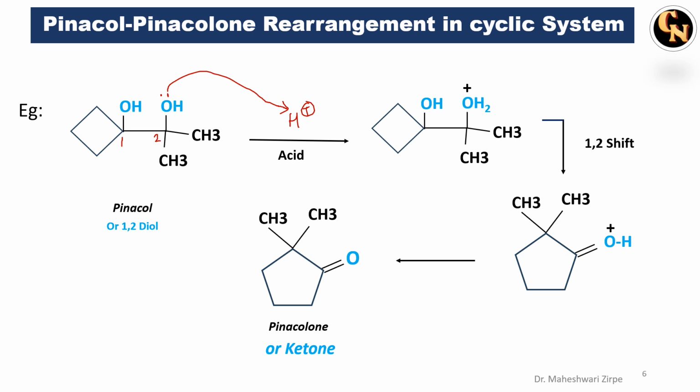By formation of, there is one more intermediate which we should show actually. Here what happens is the water molecule will be removed and you will get such type of system first. Okay, that is formation of the carbocation. Plus sign here, OH. Electron shifting takes place and this will shift here, okay, to stabilize it.